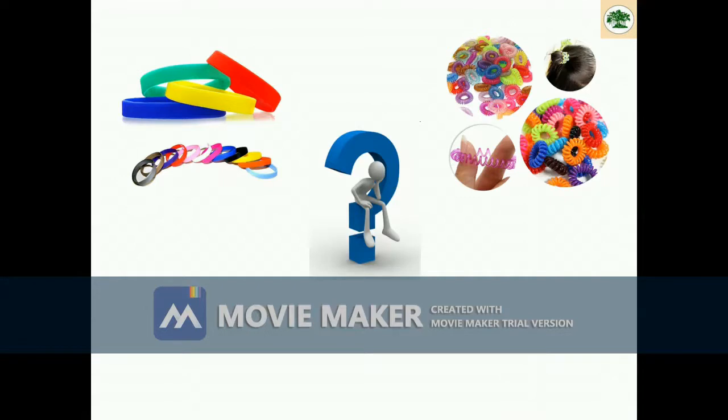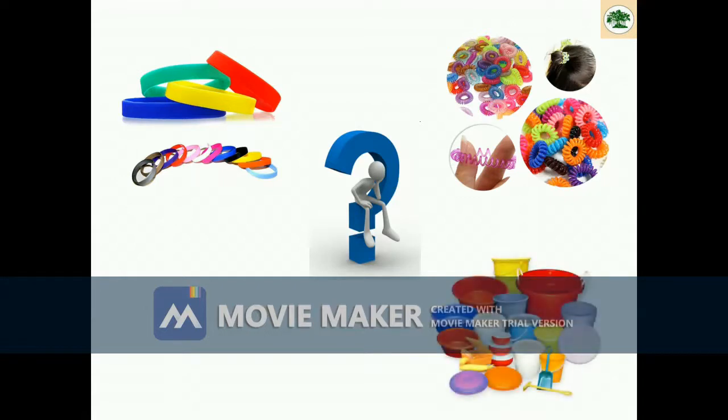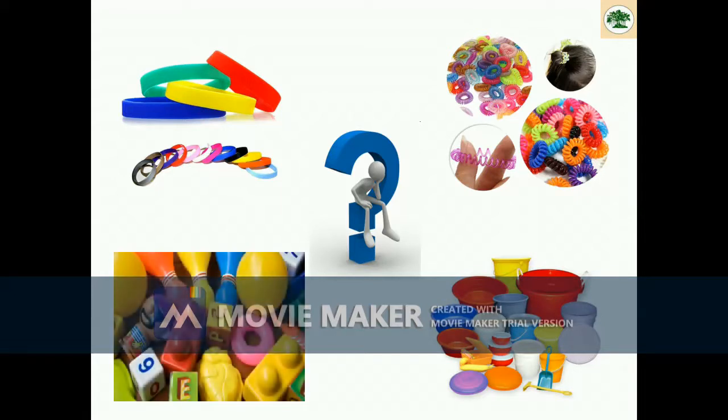What are they made of? There are again well-known materials on the screen. Now the upper materials are used by the girls. These are the rubber bands. And the materials in the lower part of the screen are the toys and the utensils.